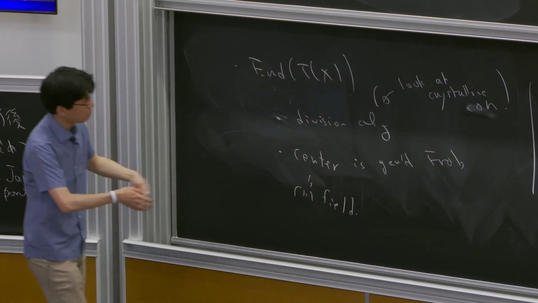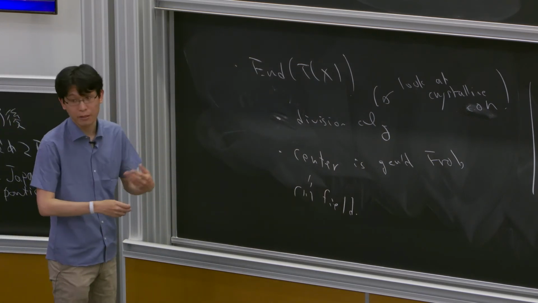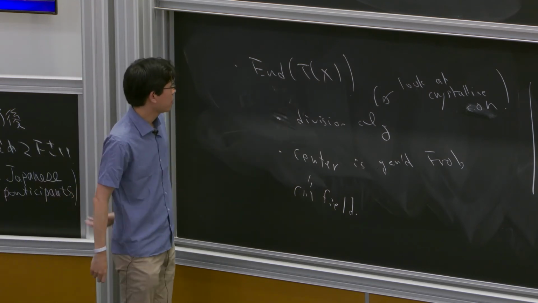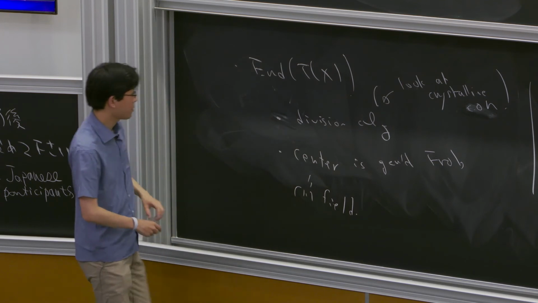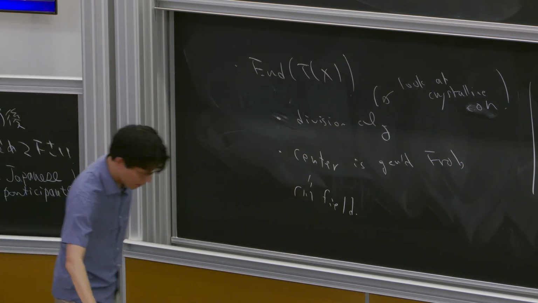Then there are some structural results on the cohomology of K3 surfaces, and you can just use them to prove this endomorphism algebra is division.